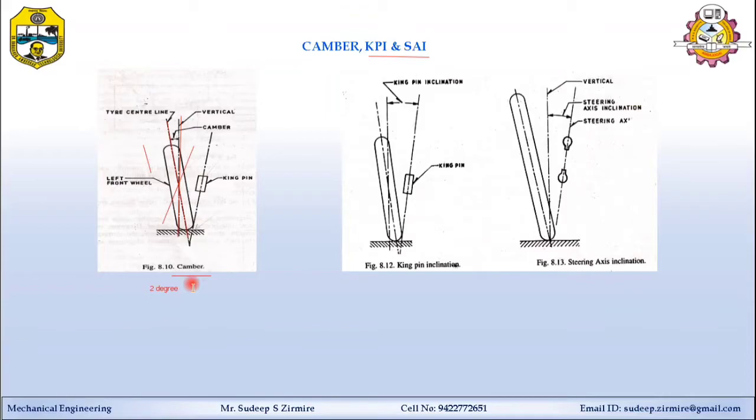Positive camber is useful up to some extent. It helps to pull the wheel to the straight ahead position after taking a turn. If the camber on one side of the wheel is more compared to the other side, in that case the vehicle also pulls away towards the side with more camber.